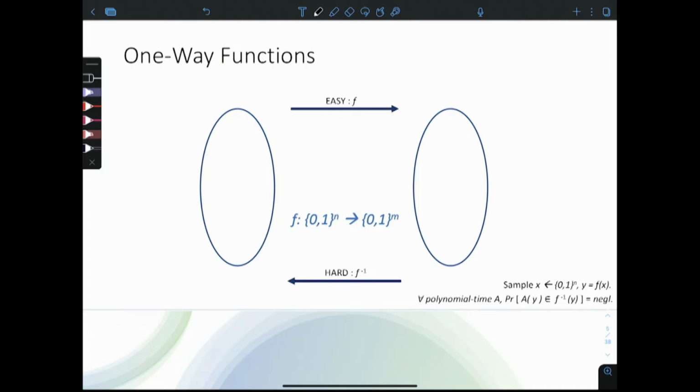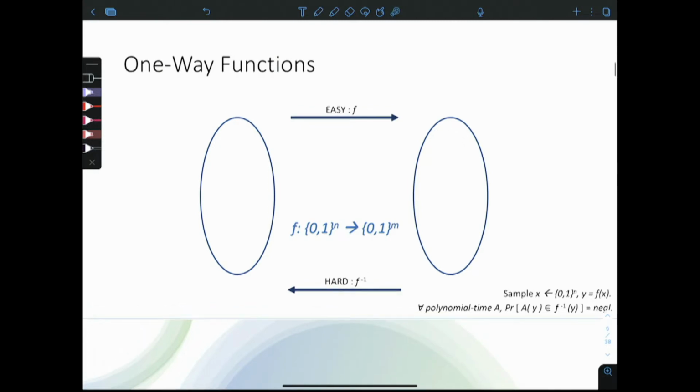If I sampled a random input x and evaluated the function on this input to get an output y, and then I gave this value y to an adversary, then the probability that the adversary, given such a y, would be able to find a pre-image would be negligible. Okay? So given such a y, it's hard to find any x such that f of x equals y. This cryptographic primitive is going to come in useful later on. We'll see how.